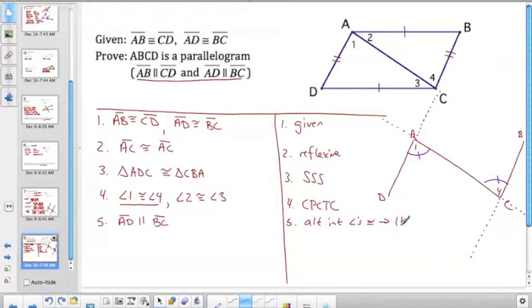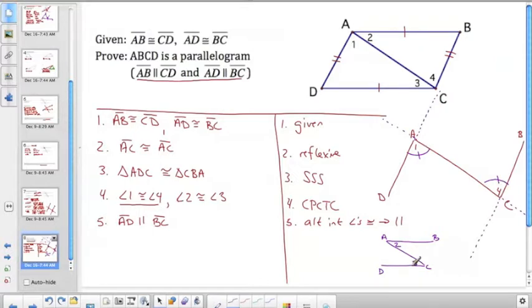Well, we can do the same thing with angles 2 and 3. So I'm going to draw that in purple. So angle 2 is created by AB. So there's angle 2. And angle 3 is created by AC and CD. So there's angle 3.